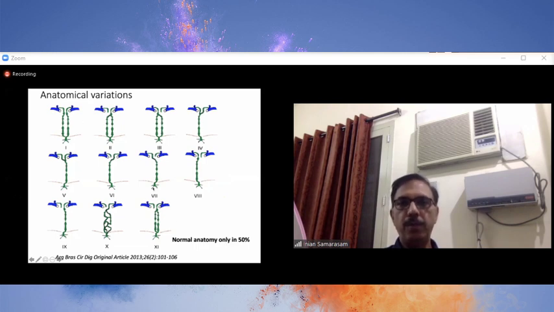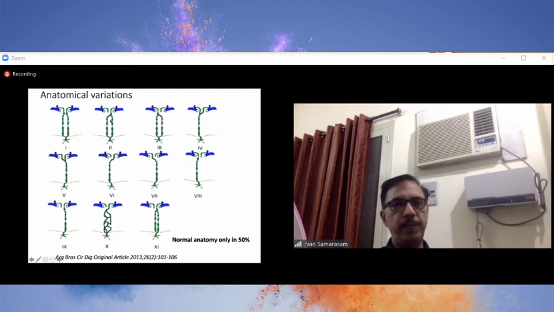So you can have so many variations in the thoracic duct, just like your bile duct anatomy. So it can be duplicated. Basically, this is because embryologically, the thoracic duct starts on both sides. So it's a bilateral structure, and then one side atrophies, and it takes the course that we normally study in the anatomy textbooks.